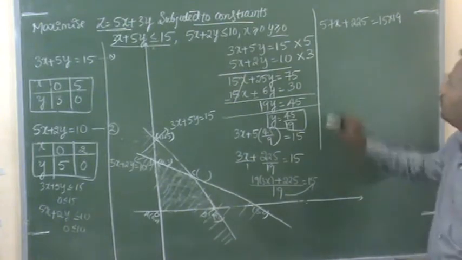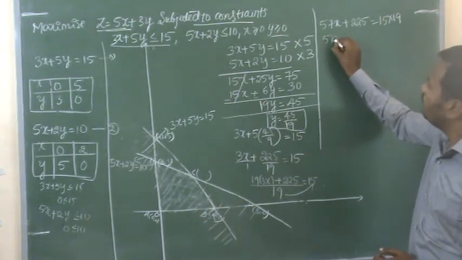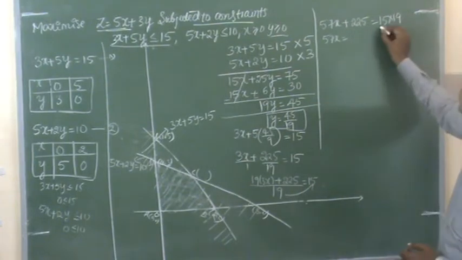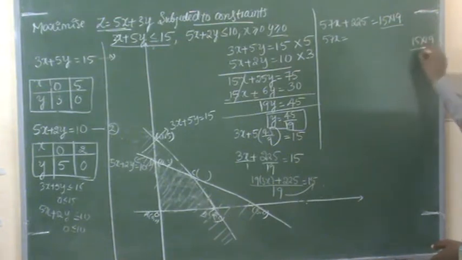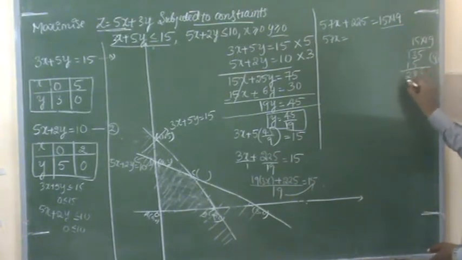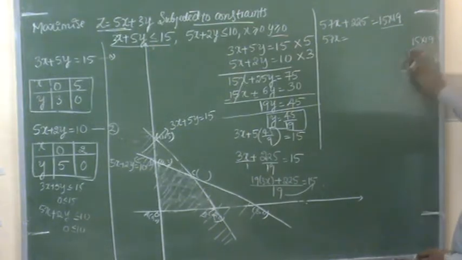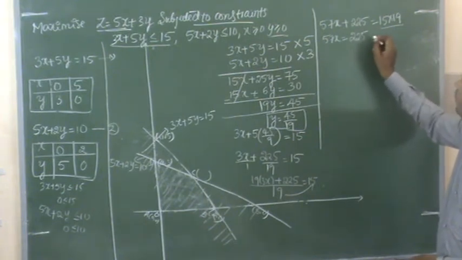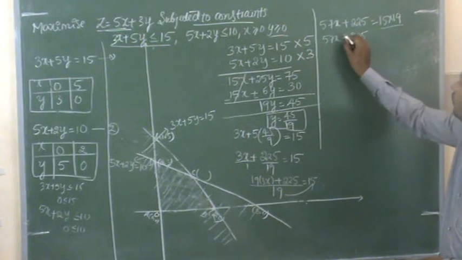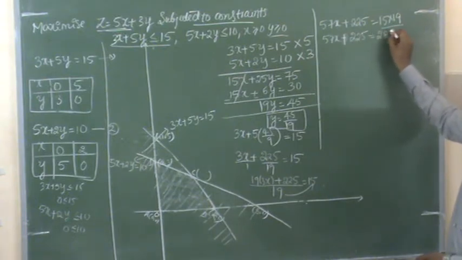Now 57x is equal to, what is the value of 15 into 19? 15 into 19 is 285. So 57x plus 225 is equal to 285.